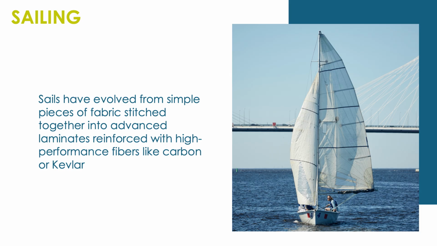Besides cycling, which is one of the best examples of composites in sports equipment, many other sports have been transformed by this material. Take sailing, for instance. Sails have evolved from simple pieces of fabric stitched together into advanced laminates reinforced with high-performance fibers like carbon or Kevlar. This technology was pioneered by the US-based company North Sails.